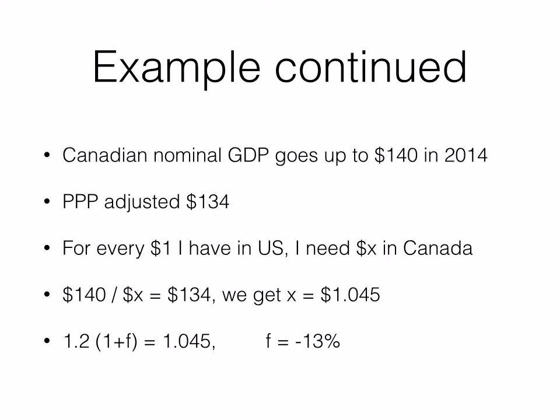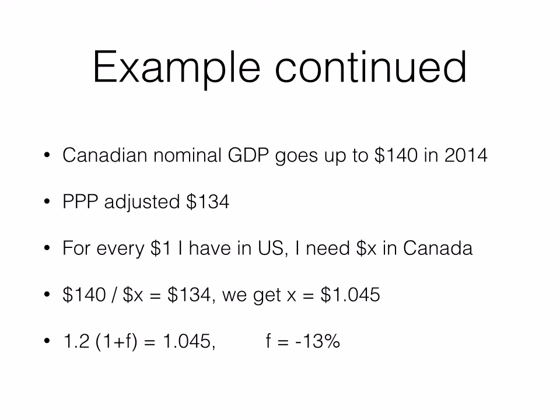So if I say for every dollar I have in the US, I need X dollars in Canada, the equation would be set as the line next to the last one. 140 divided by X is 134, which gives me the PPP adjusted GDP. So then for every dollar that I have in the US in 2014, I need $1.045 in Canada.